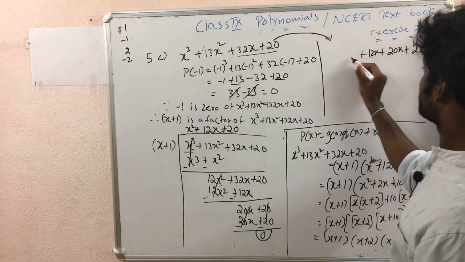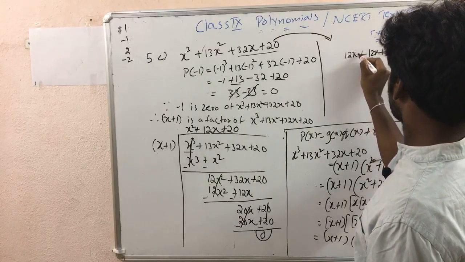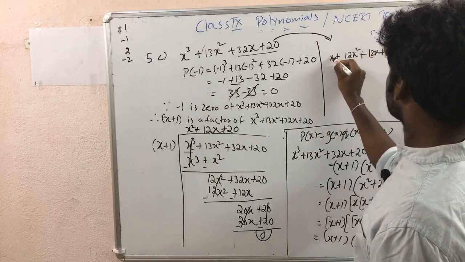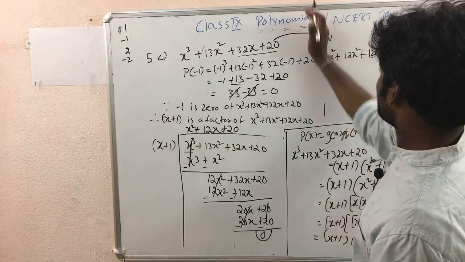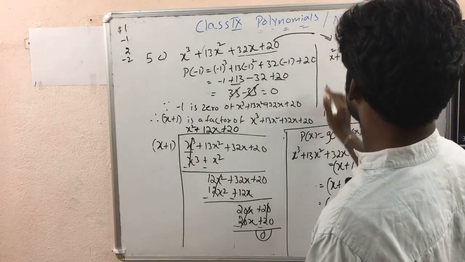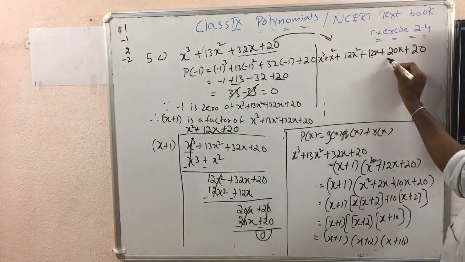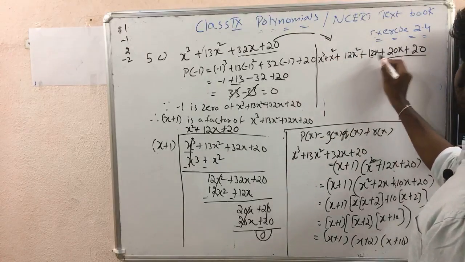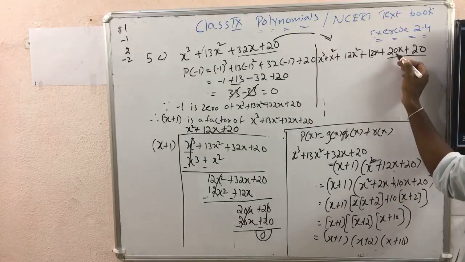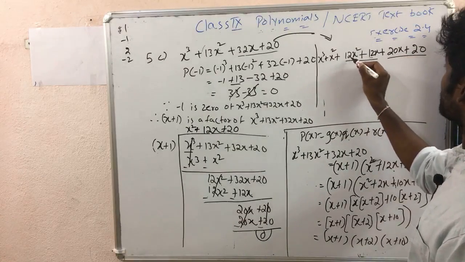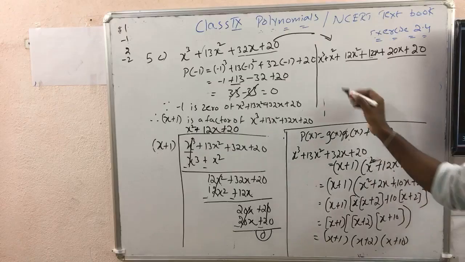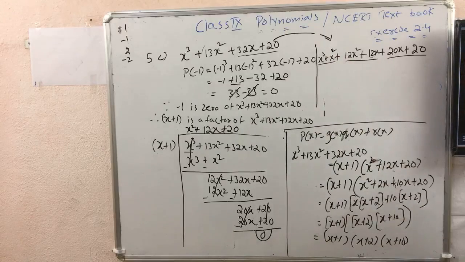The first term stays like that, x cube. Now observe carefully, in these two terms we have one common factor 20, in these two terms we have one common factor 12x, and here we have x square.